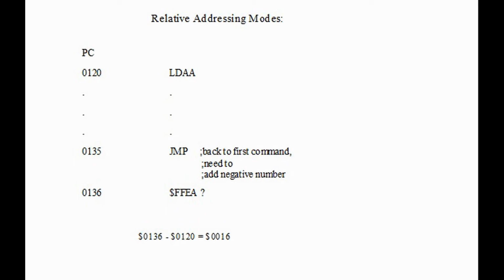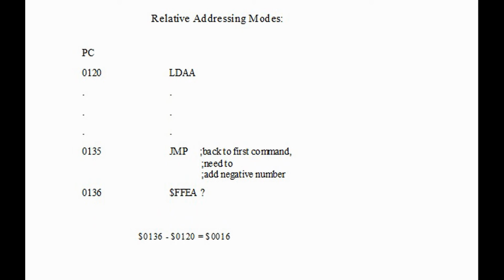So we have to add a number at memory location 0136, which will cause the microprocessor to jump backwards to 0120. If we subtract 0136 minus 0120, we find that we need to jump backwards 16 hexadecimal steps.